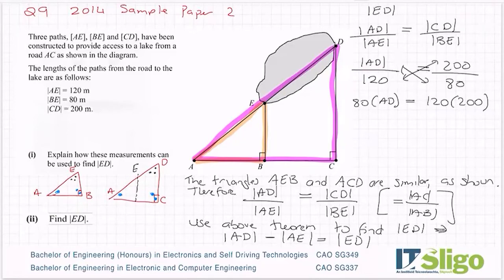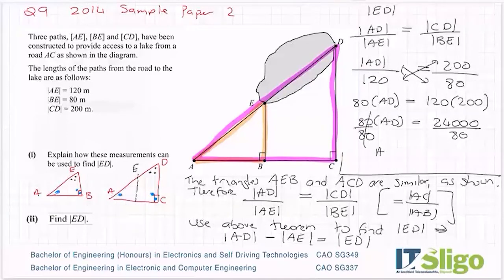Let me just grab my calculator. Okay, so 120 times 200 is a big number. I have 80 times AD is equal to 24,000. Divide by the number in front of what you want, just like you would with any other algebra. So I divide that by 80, and AD is equal to 300.